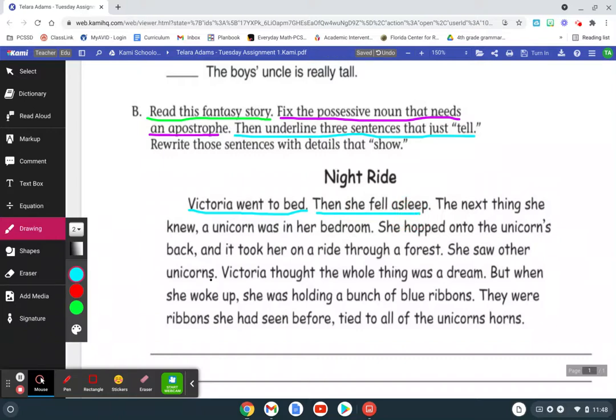Find one more that's just simply telling, not giving any good information. You can pause the video if you need to. You're going to underline three sentences that just tell. We underline two together. Now you'll underline one more. So you will have three sentences that are underlined.